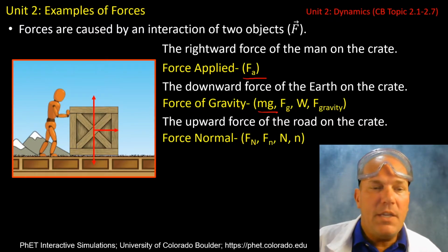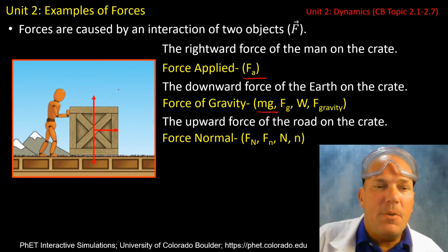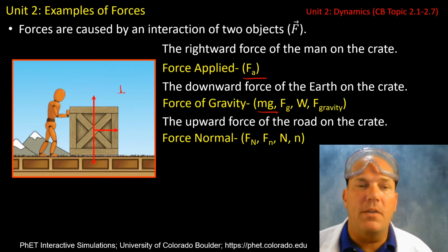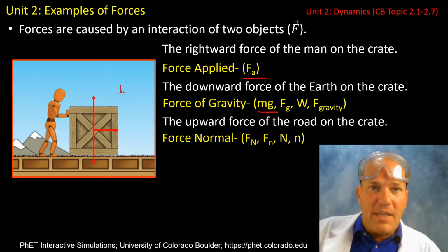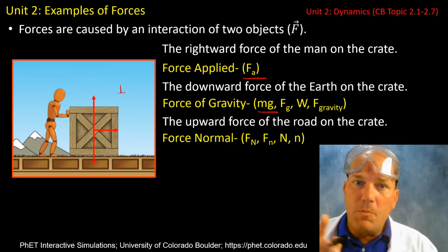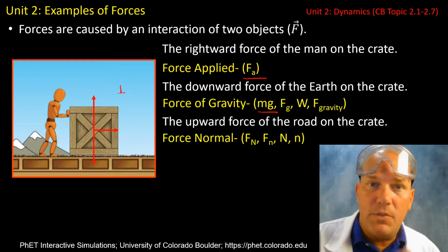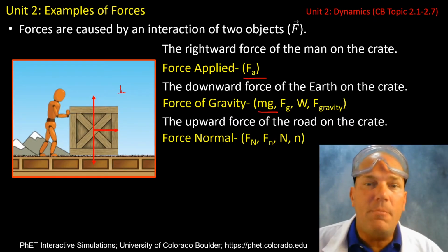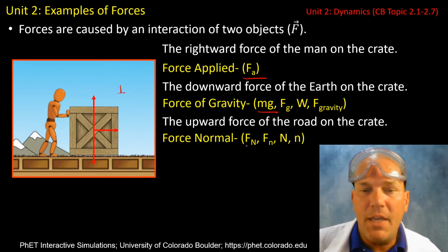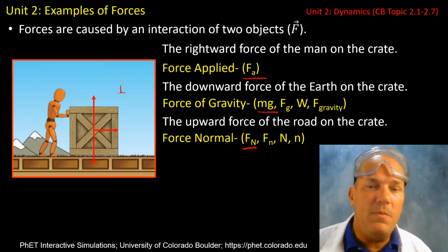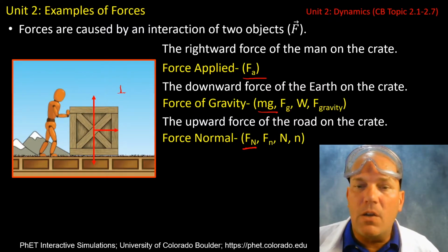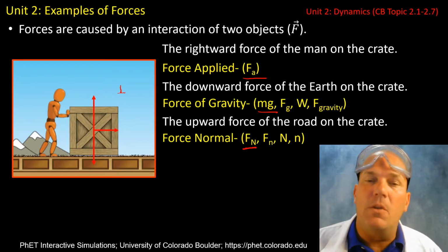So if we look here, that would be the perpendicular direction, and it's denoted with the following, okay? So it's always perpendicular to the surface. Now, this can change, but force normal will still be perpendicular to the surface. I'll give you an example at the end of the video. Again, I will typically use this to denote and label force normal, but these are also acceptable.